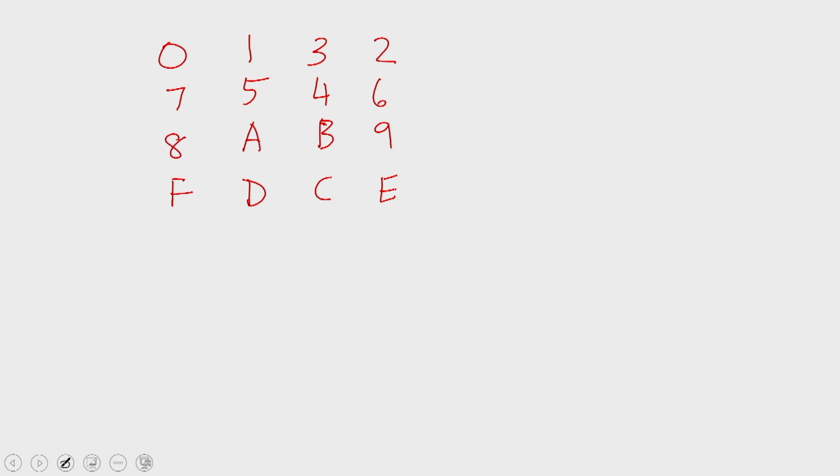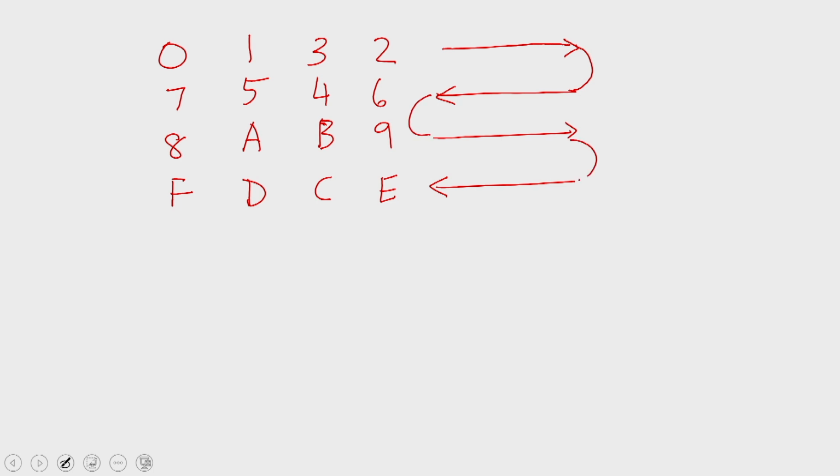Do they look sorted now? They do, except that the alternate rows are in reverse order. That is, the first row is sorted like this, the second row is sorted like this, the third row is sorted from left to right, and the fourth row is sorted from right to left. So, combining them, we find that the elements are in sorted order. So, we can say the elements are sorted in a snake-like order.